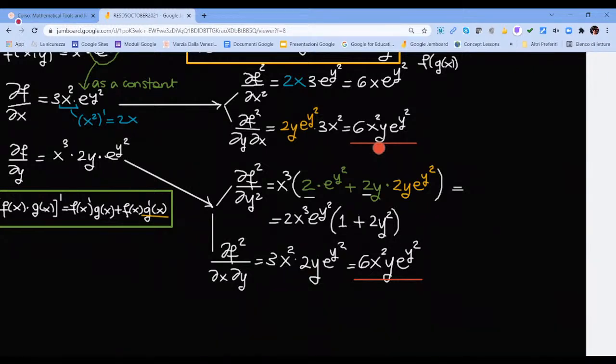This kind of property comes from a theorem that claims if the function is a good function, if the function does satisfy some properties, the mixed second partial derivatives are the same.